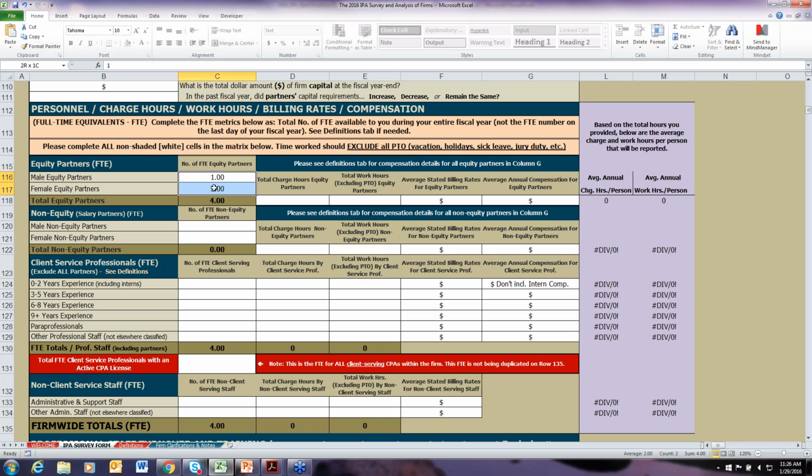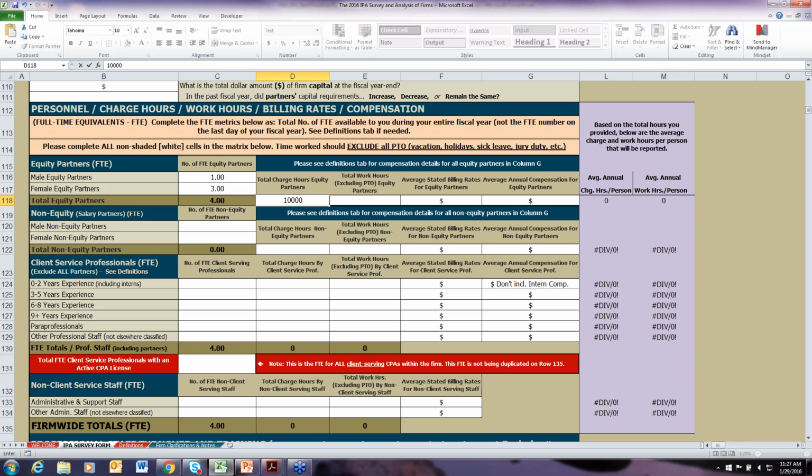We've set it up in all these areas with automatically summed totals, so you won't have to worry about calculating the totals here. In column D, please indicate the total charge hours for each staff group. I'm going to put in a number that doesn't look right, 10,000 charge hours for these 4 equity partners.